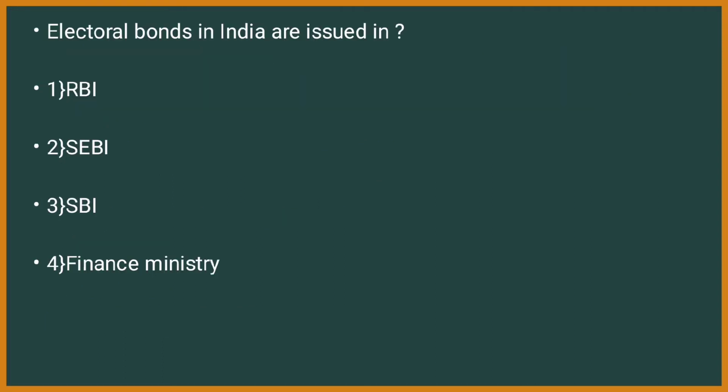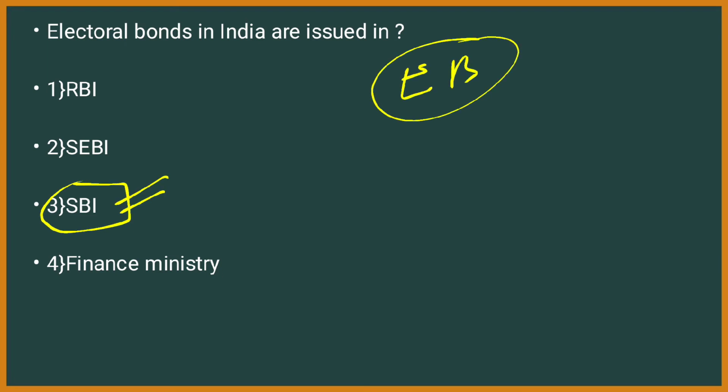Next question. Electoral bonds are issued in or by? First one, RBI, second, SEBI, third, SBI, and fourth, Finance Ministry. Here the right answer is SBI. Why was this in the news? The issue has been raised that the electoral bond is in opposition to free and fair elections, right?